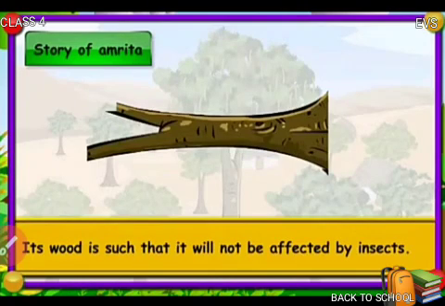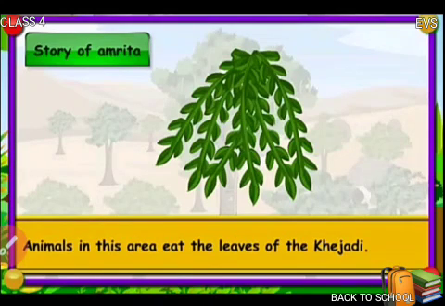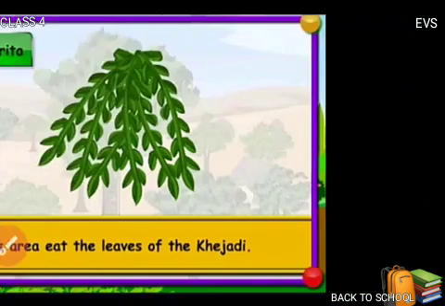You all know its wood is so beneficial that the insects have no effect at all on the wood of the Khejadli trees. The animals in this area eat the leaves of the Khejadli trees. The leaves of these trees serve as food for the animals which are found in desert areas.